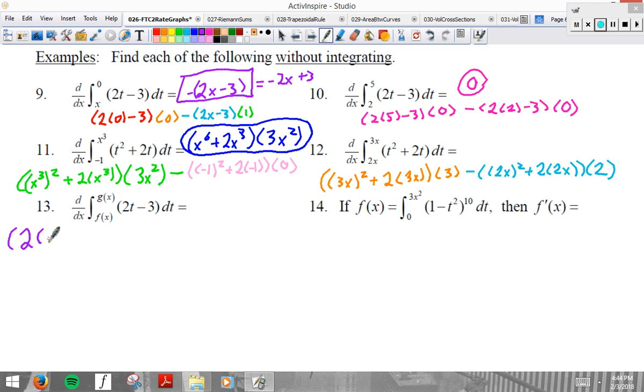Plugging in the top bound. Times the derivative of the top bound. What is the derivative of g? It's g prime. Minus.